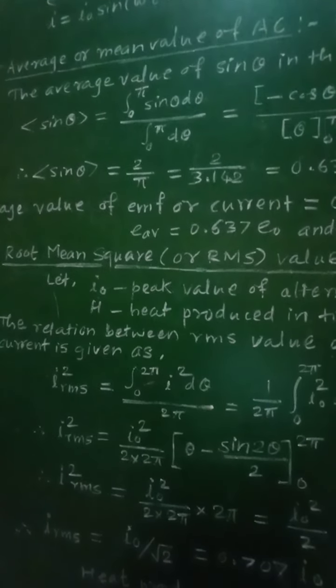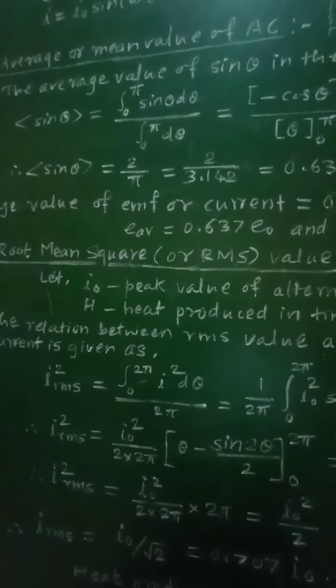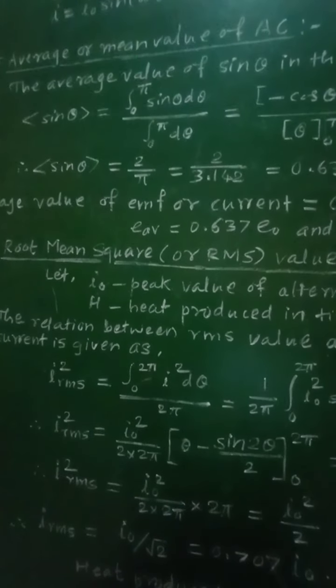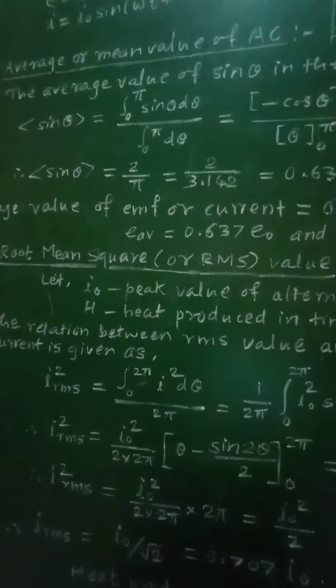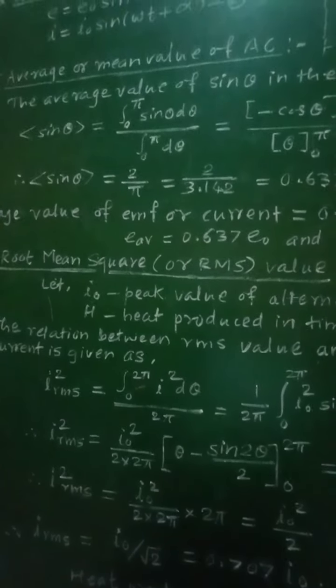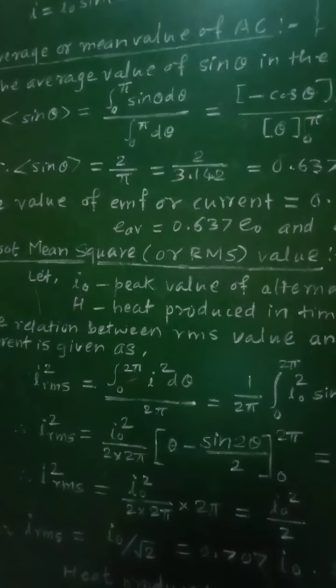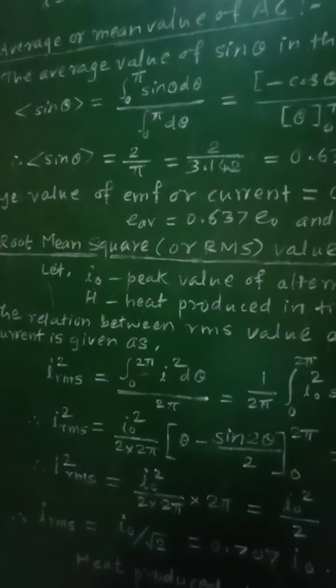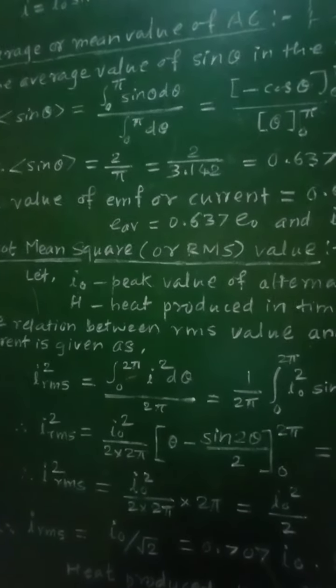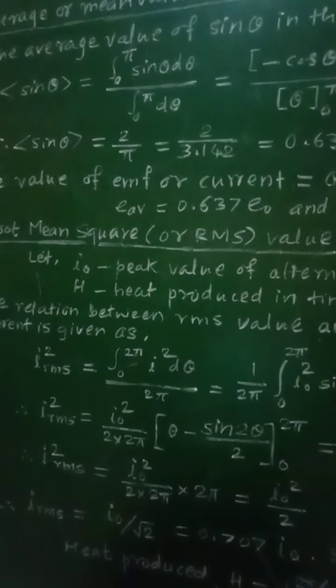Hence these instruments cannot be used to measure alternating current or voltage. Hence to measure these quantities, it is necessary to make use of a property which does not depend upon the changes in the direction of alternating current or voltage.